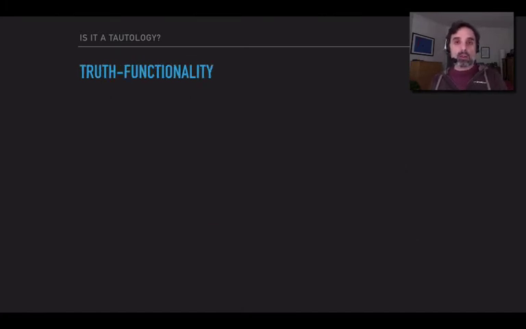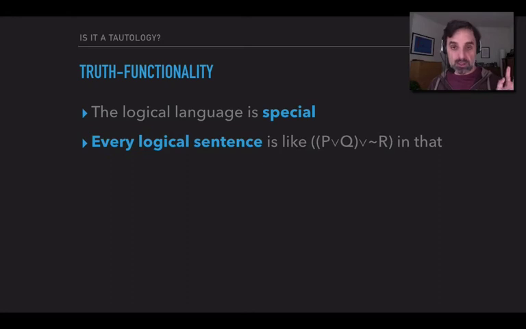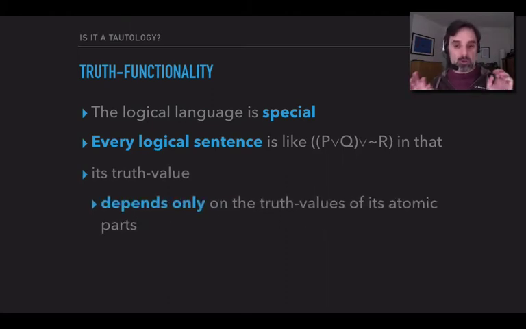So what this is an example of is something called truth functionality. The logical language is really special in this way. Every logical sentence is like P or Q or not R in the following way. The truth value of the whole thing depends only on the truth values of the atomic parts and the meanings of the symbols.